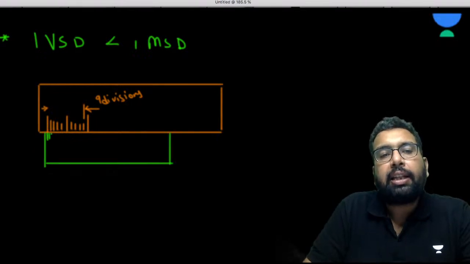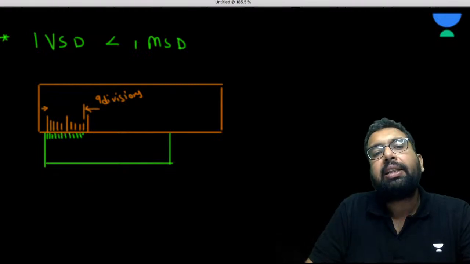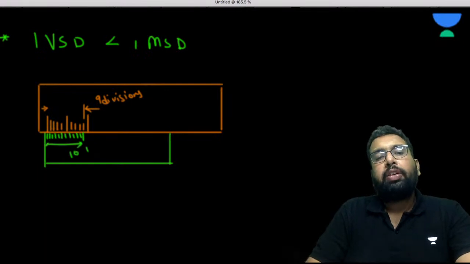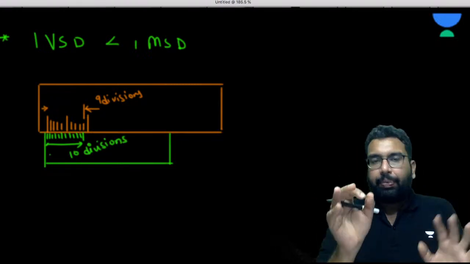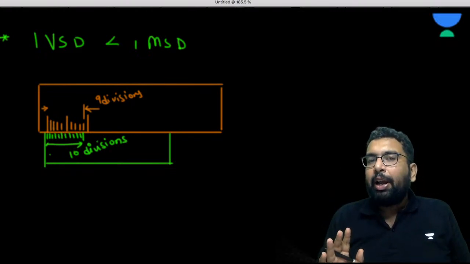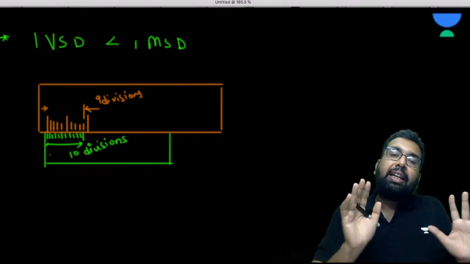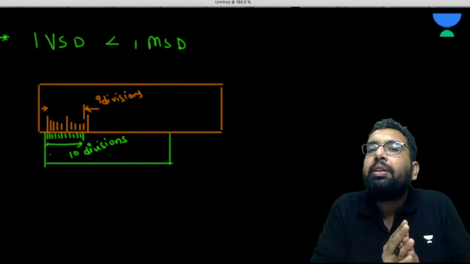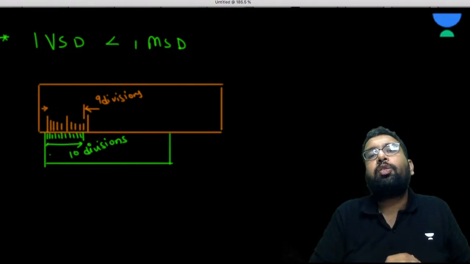Up to these 9 divisions, how many divisions of the vernier scale would there be? Since the vernier scale division is less than the main scale division, generally in a vernier caliper there are 10 divisions. The vernier scale division is shorter than the main scale division, so against 9 divisions of the main scale, we have 10 divisions of the vernier scale.